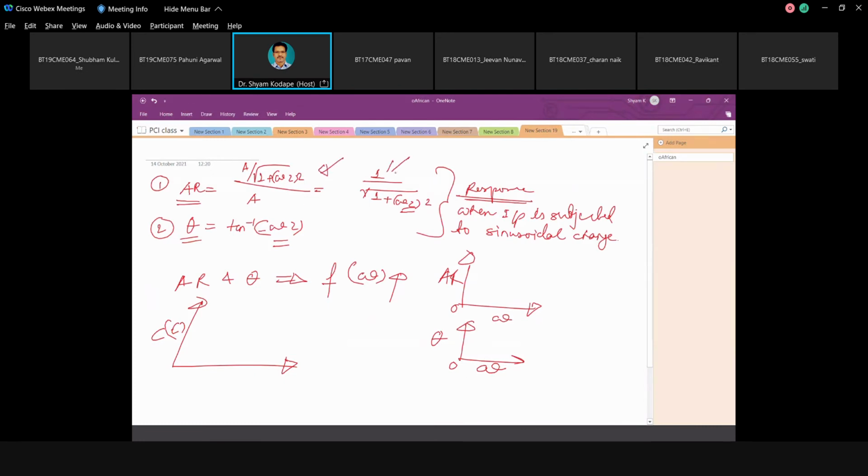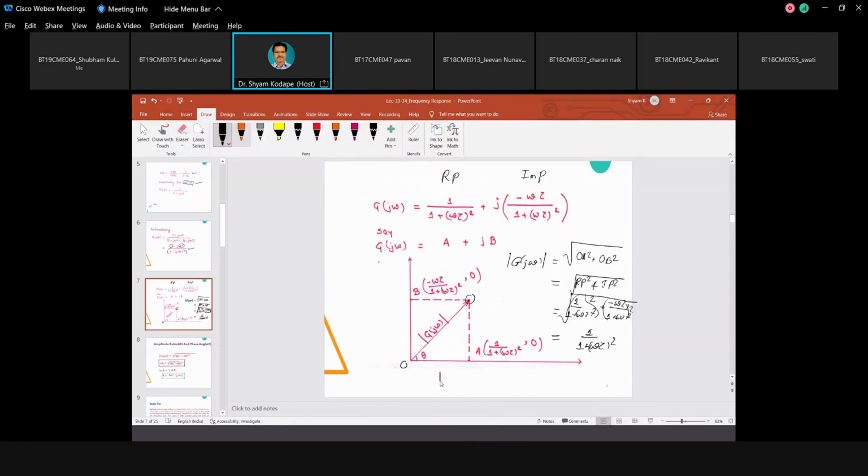Okay, so we can say that the modulus is nothing but the amplitude ratio, which is one upon 1 plus omega tau square.